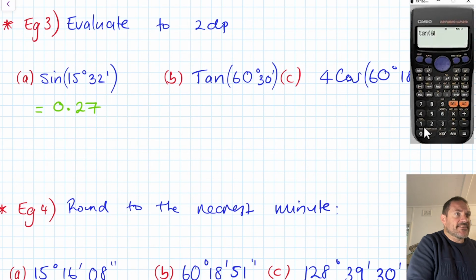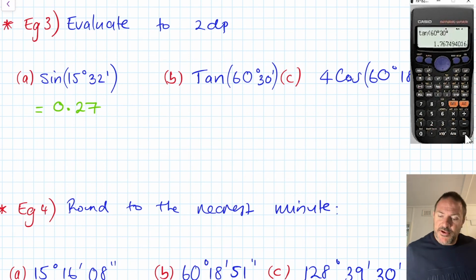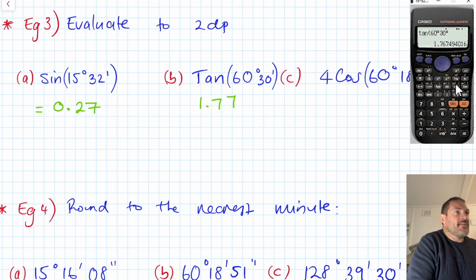The next one, I'm going to do 10, 60, degree button, 30. Now, I could have just said 60.5. I mean, that would work, right? We'll see that time I didn't put my degree button. There you go. Degree button, and then equals. So I get 1.77 to 2 dp. Now, I could have just said for that one, 10, 60.5.